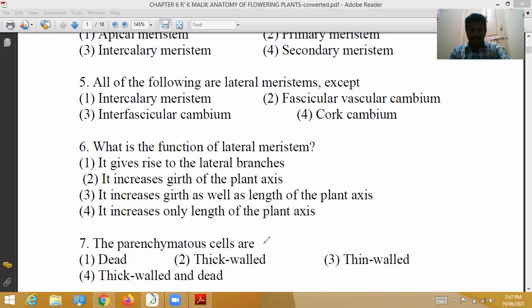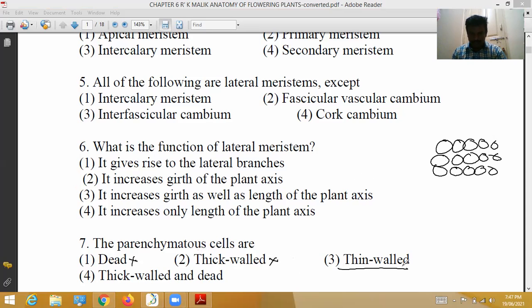Next, the parenchymatous cells are, see here, already we have discussed. These are parenchymatous cells, simple tissue. Are they dead? Wrong option. Thick-walled is also a wrong option.